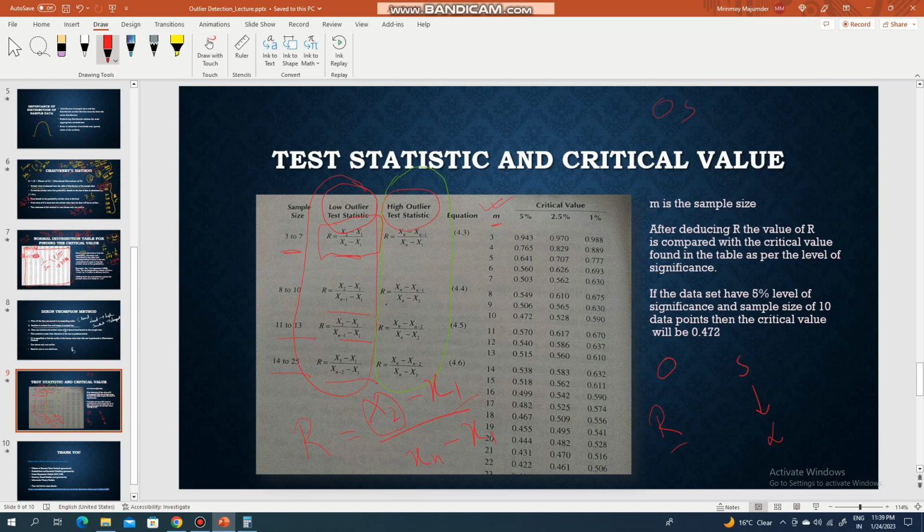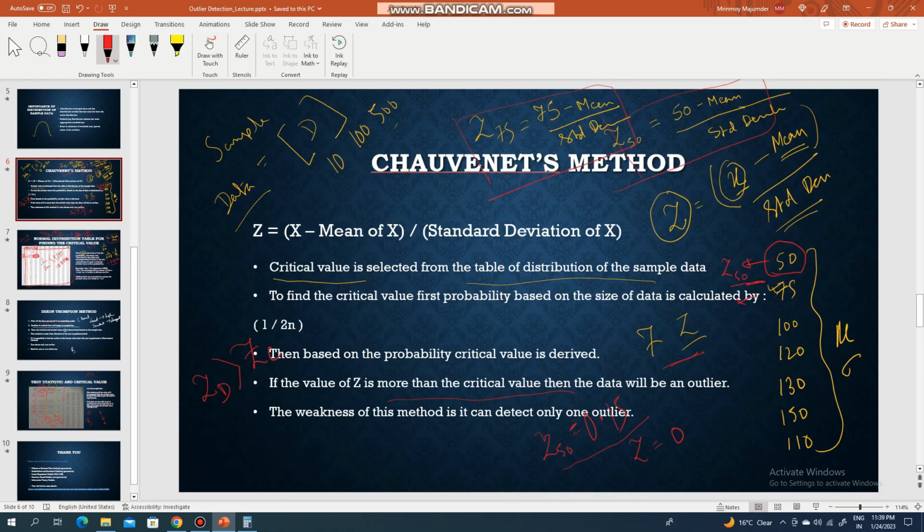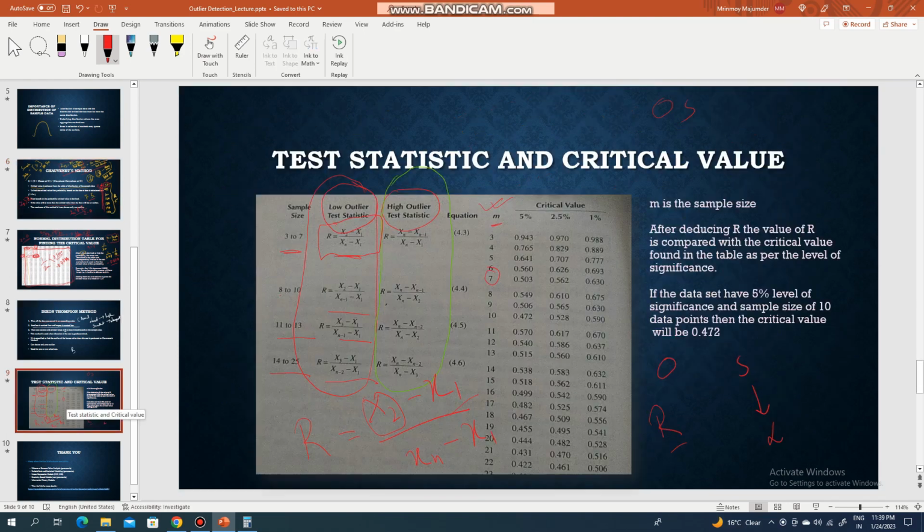As we have 7 data points, M is equal to 7. We are using the same data example that we took for the Chauvenet method, with 7 data points, so our M is equal to 7.